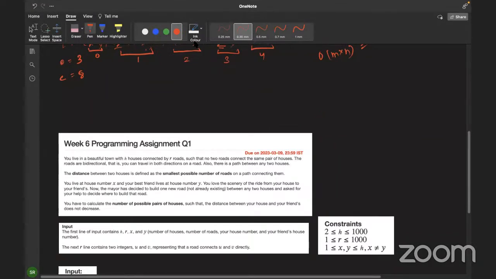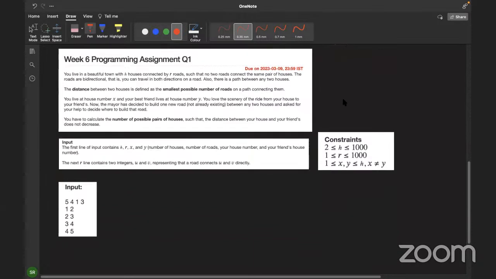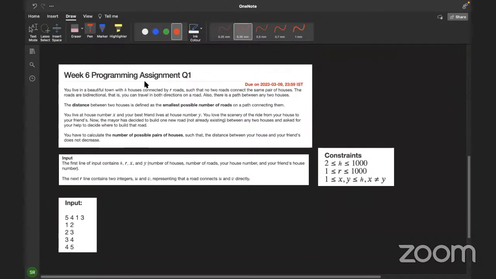Okay, so it seems there are no doubts. So let's look at the week 6 question 1. What this question says is that you're living in a town with 8 houses that are connected with roads, such that no two roads connect the same pair of houses.